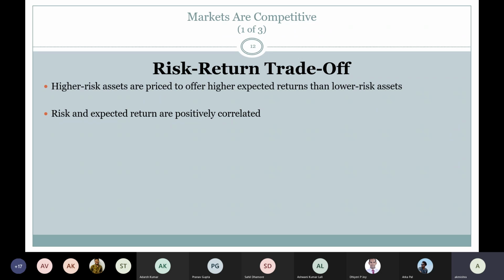What kind of risk and return are you comfortable with? Because there are n number of assets, n number of shares, and n number of risks, different types of risk associated with those assets. What kind of risk-return profile would you prefer for your portfolio?